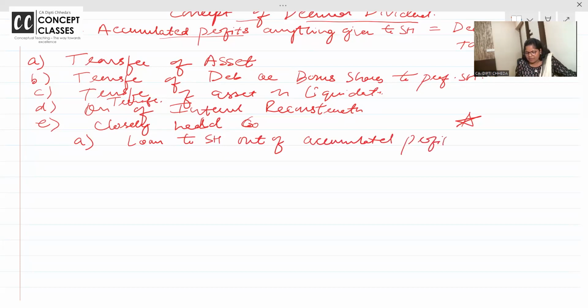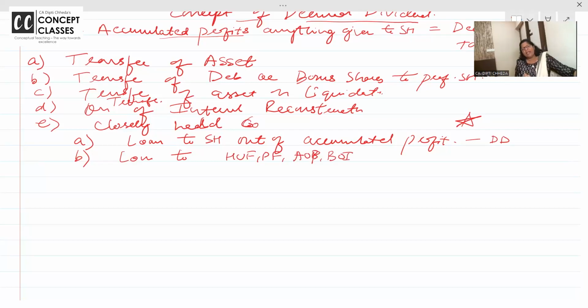Is it making sense? It is a private company giving a loan to a shareholder, not money and not dividend, a loan to a shareholder, out of accumulated profits. This is treated as what? Deemed dividend. Or a loan to HUF, partnership firm, AOP, BOI.